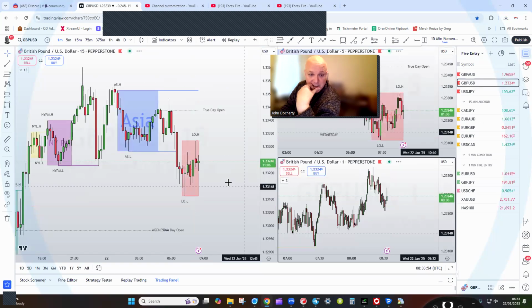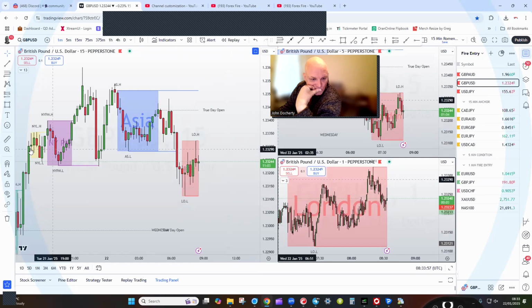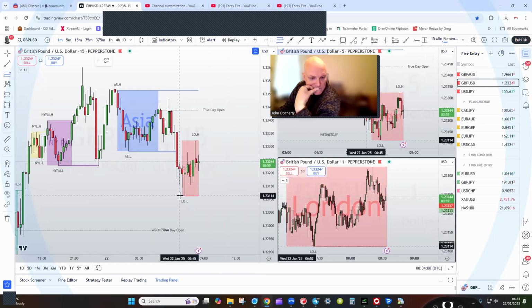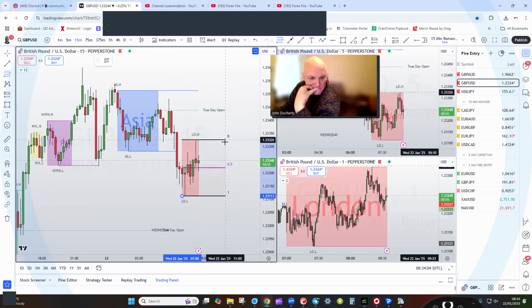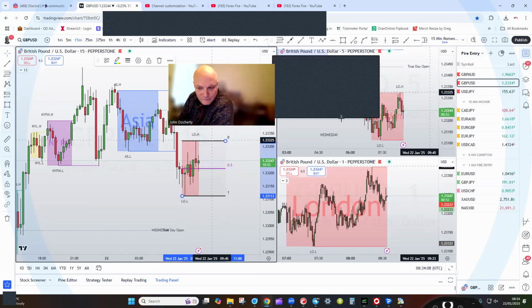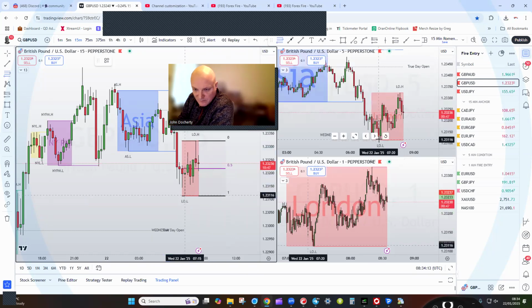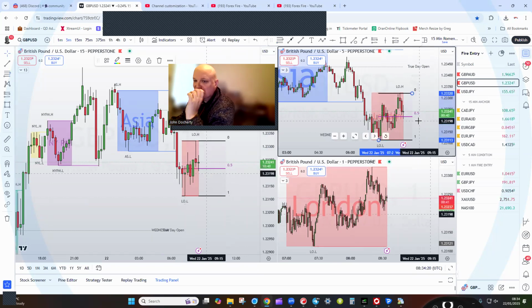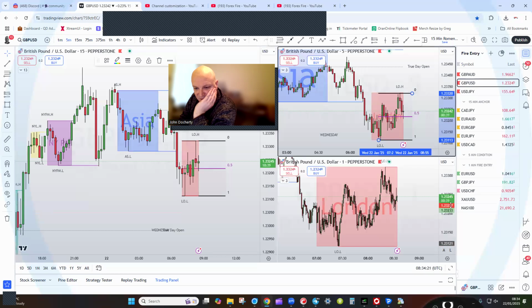The GU. It's been a pull up. It could be a setup on here as well.